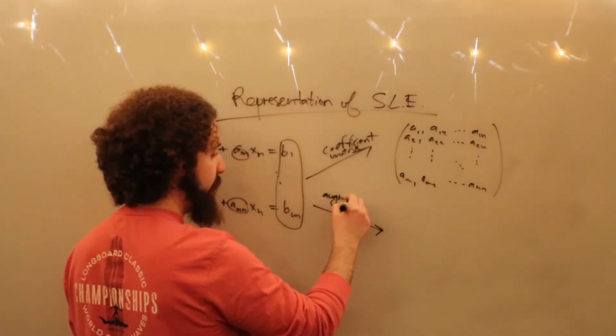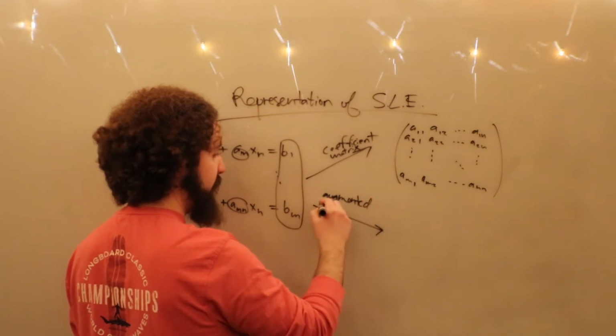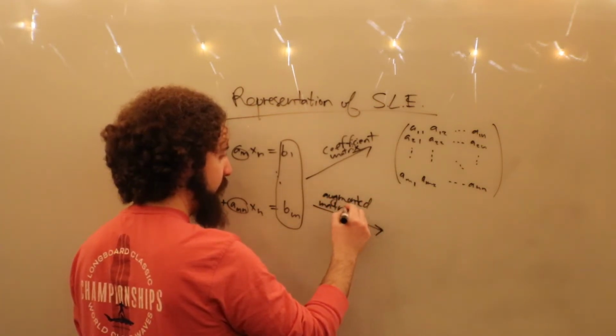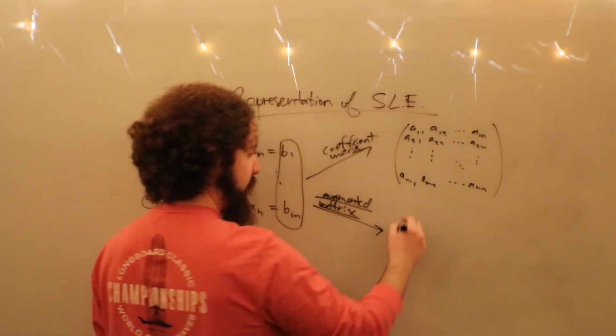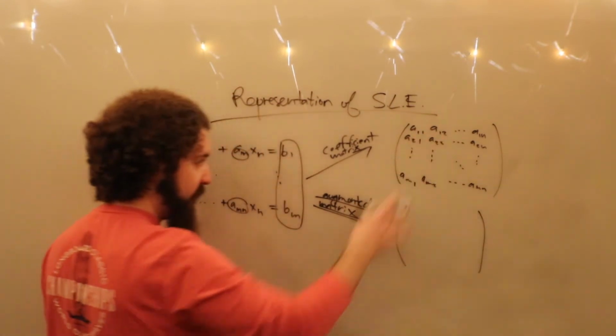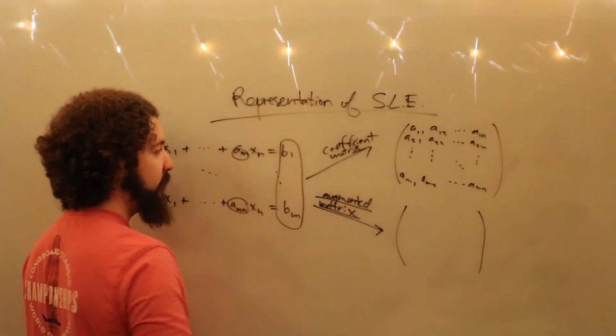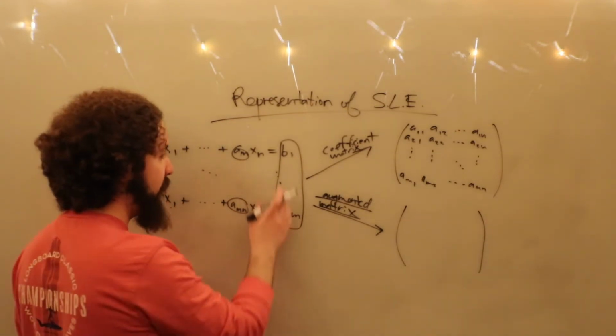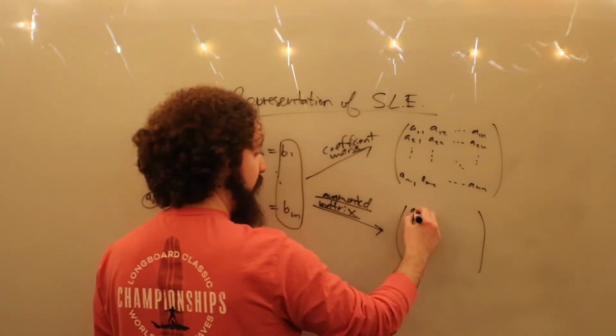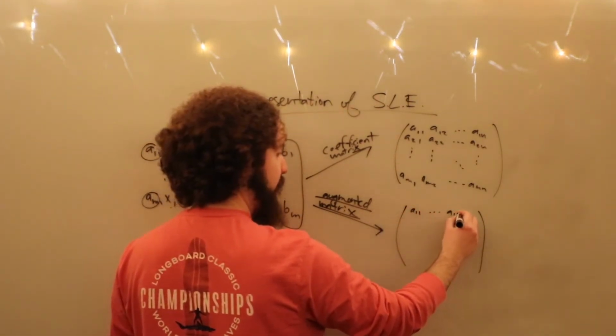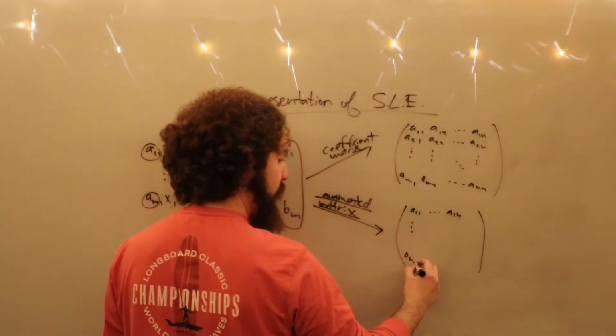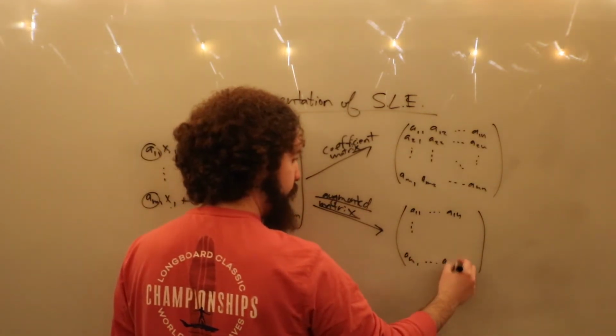This is called the augmented matrix of our system of linear equations. It is the same thing as this, but with this column added for your constant terms. So A11 all the way up to A1n, down to Am1 over to Amn.